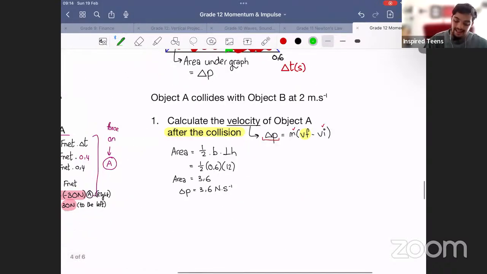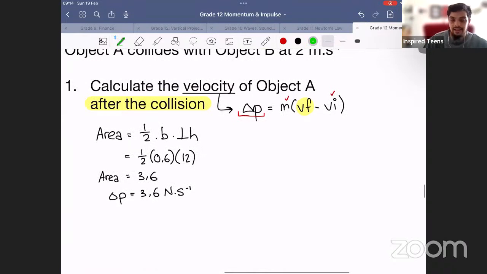Since it's a negative direction, remember we said impulse is a vector quantity. So for the impulse we are going to substitute -3.6 because it is in the negative direction. Impulse has direction. Mass we said is 2 kg. V final is the question.